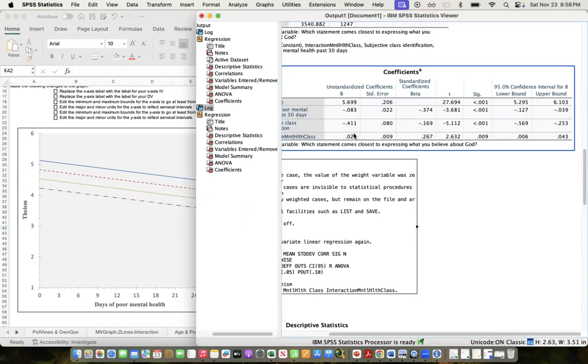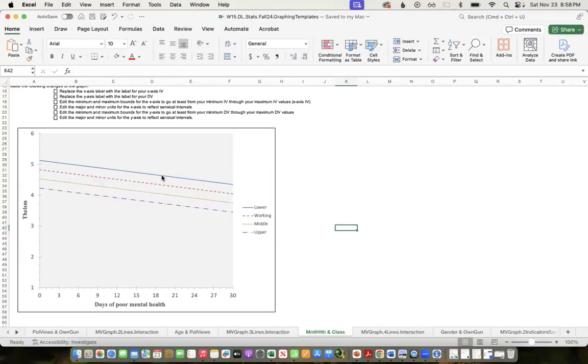We can look at our slope and see how much of an impact in a minute, but right now, this one does not have the interaction. So you can see without the interaction, these lines are all parallel. Basically, as your class increases, you're less theistic, and that holds constant across different days of poor mental health. And as you have more days of poor mental health, your theism decreases, and that holds constant across class. So that's the one without the interaction.